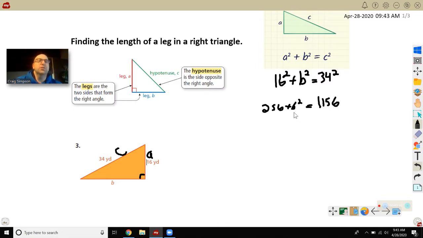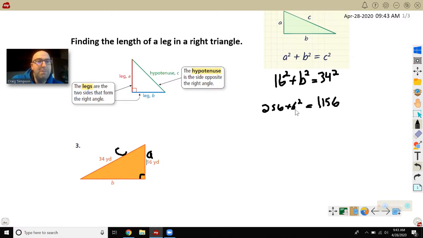So we still need to solve for b. That's our goal. If you look at our problem right now, 256 plus b squared equals 1,156. We can see that we are going to have to solve it like we've solved our equations.